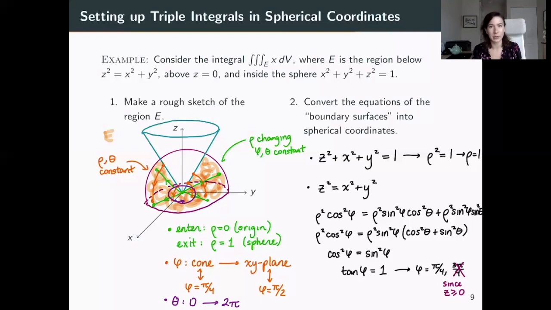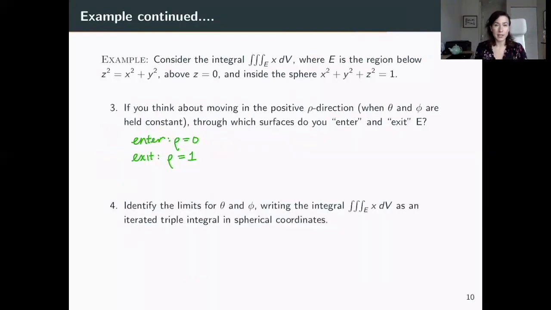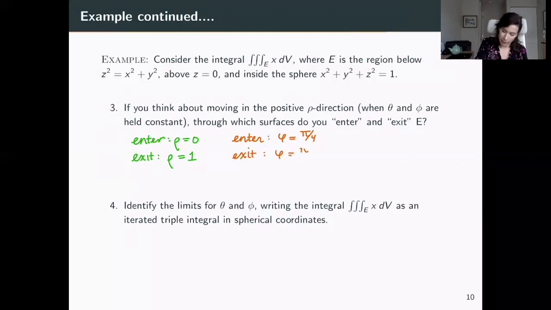To remind ourselves of this setup, for rho, we were entering through rho equal to 0 and exiting with rho equal to 1. For our angle phi, we were entering when phi was equal to pi over 4 through the cone, and we were going to exit when phi was equal to pi over 2, the xy plane.